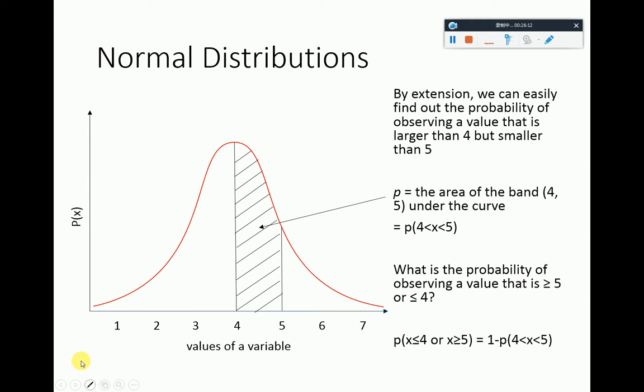So it will be the area under the curve minus the area of this part. Then of course, we use subtraction.